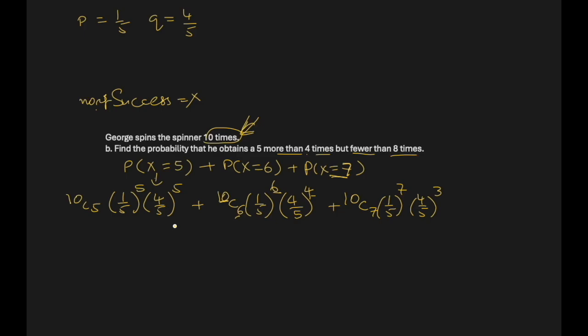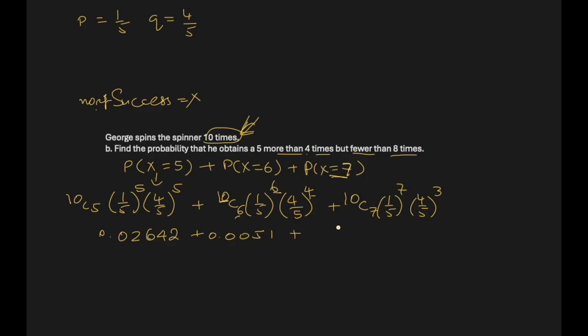Let me try it myself. So for this first one, 10C5 and this, I get 0.02642. 0.0264 plus 0.005. Okay, let's make it 1.